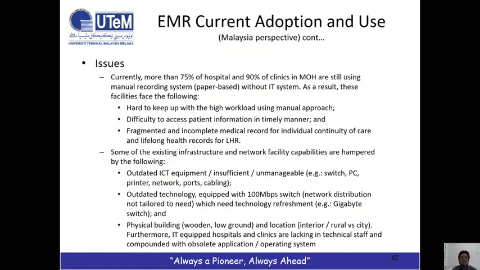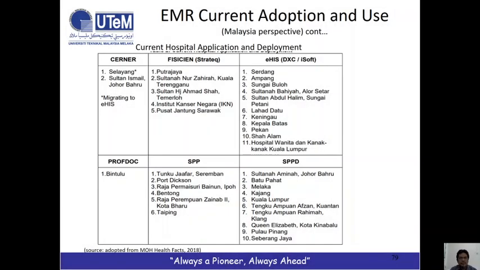When you look at the cost to implement this in hospitals in Selayang and Serdang, you will be surprised. One hospital involves multi-million cost.